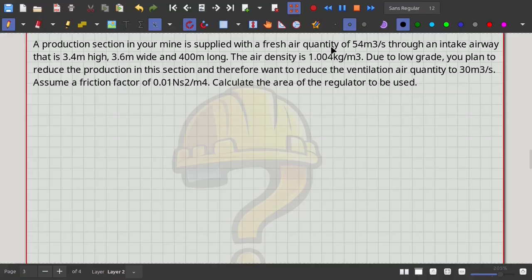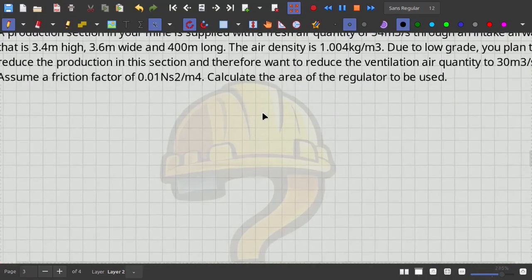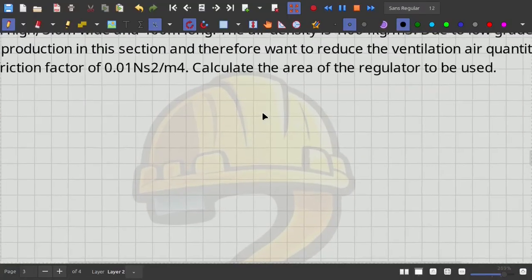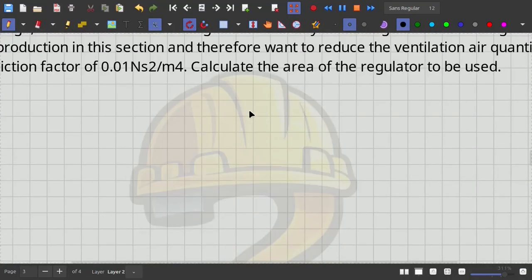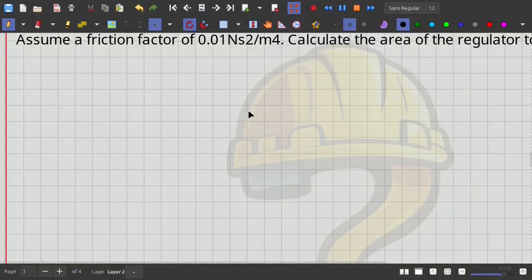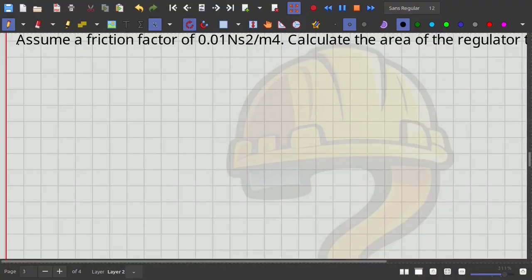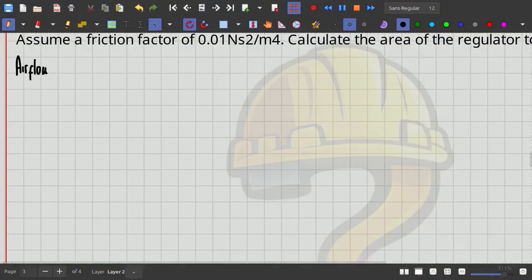Now, from the question, we can pick up several things. First of all, we are made aware that we are dealing with regulators. So regulators would be under what we call flow control structures.